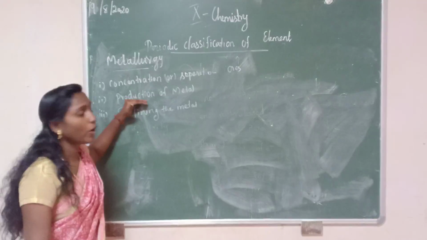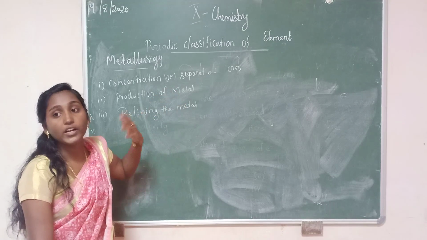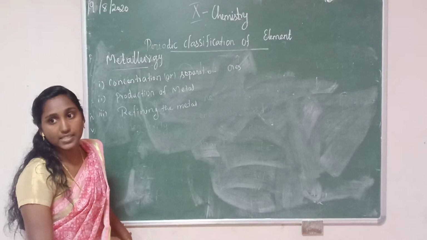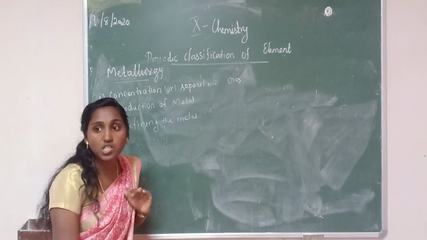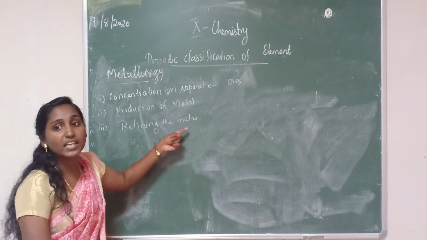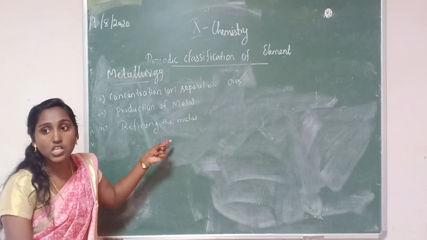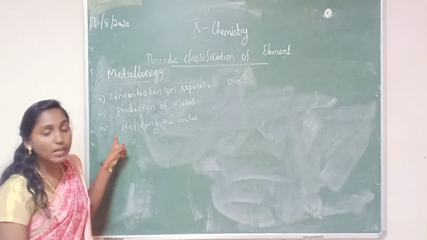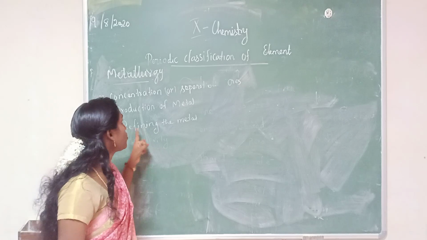Then the second step, production of metals. Production of metal means converting the ores into metal. The last, refining the metal, is the process to purify the metal. Have you understood the metallurgical process? How many steps? 3 steps.